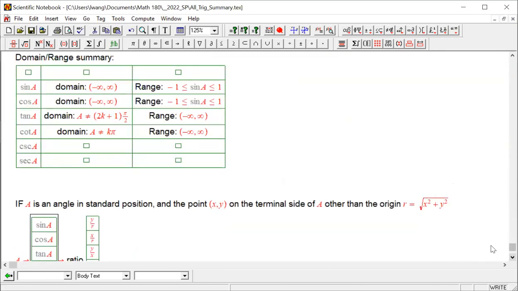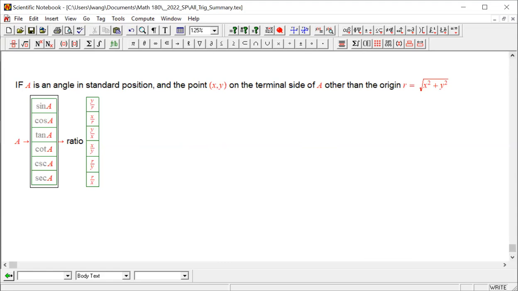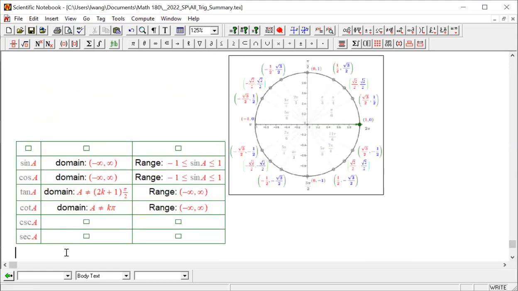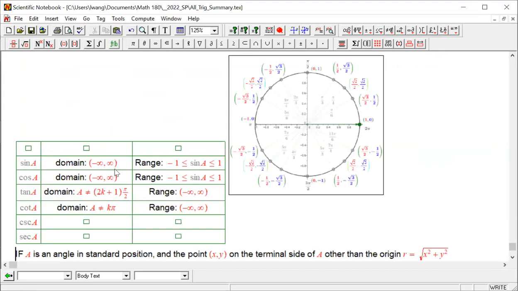In our discussion about domain and range, we use a definition for sure, and in particular, we focus on our definition. Sine, cosine, not a problem, all real numbers. For tangent, we have found that whatever terminal is overlapping with the y-axis, those are the angles that cannot be used as input.